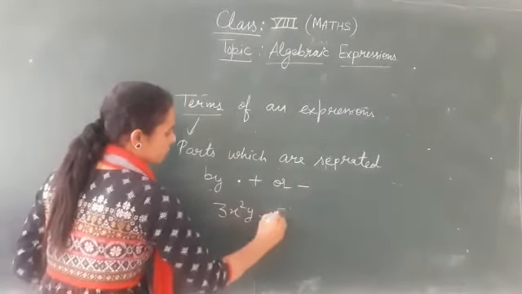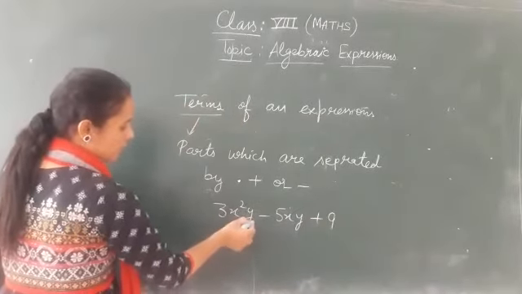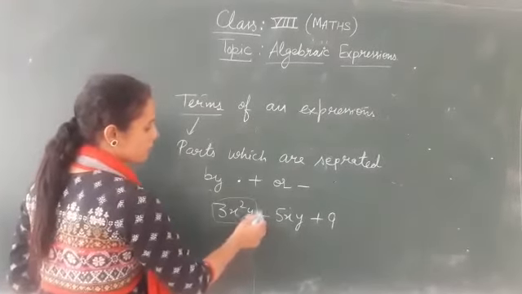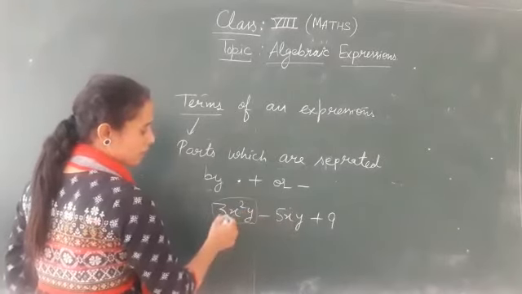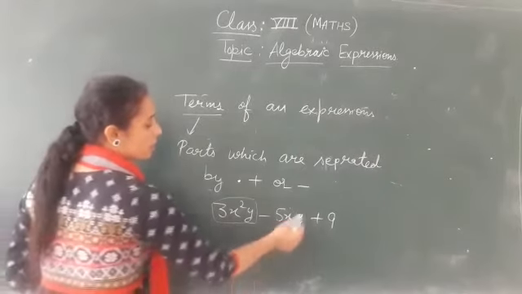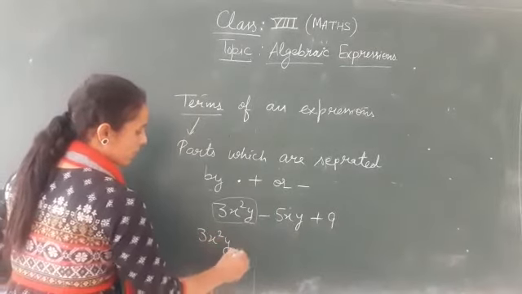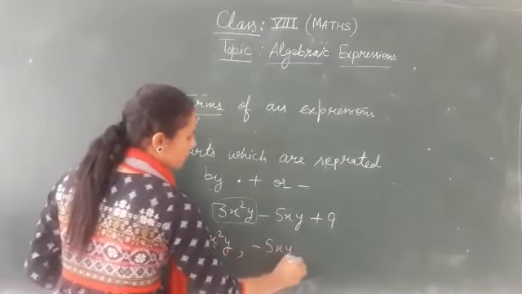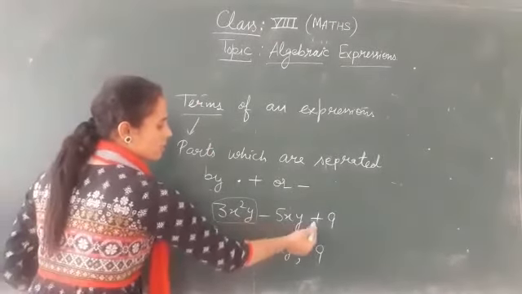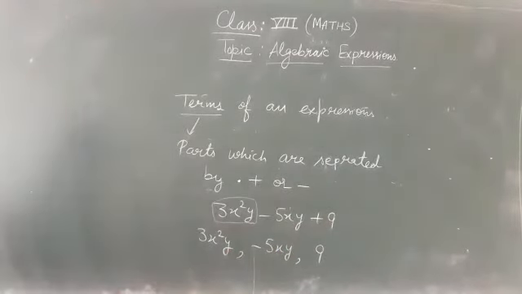These are all in multiplication, so they form a term. After that a minus sign comes, which separates these two parts. So this is called a term, then separated by this is again a term. Here the terms are 3xy, minus 5xy and 9. All the parts separated by these signs, minus sign, then the next term starts, plus sign, then the next term starts. So these are the terms of the expression.